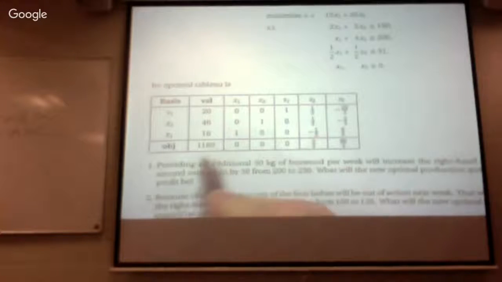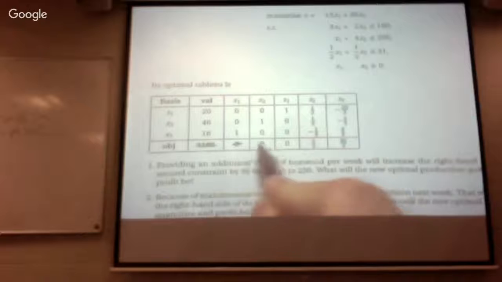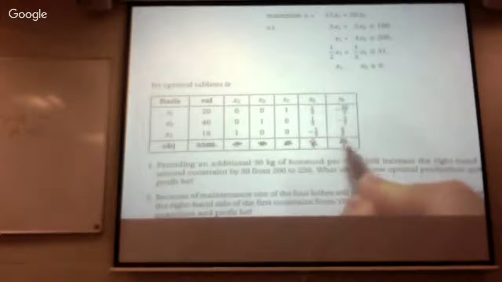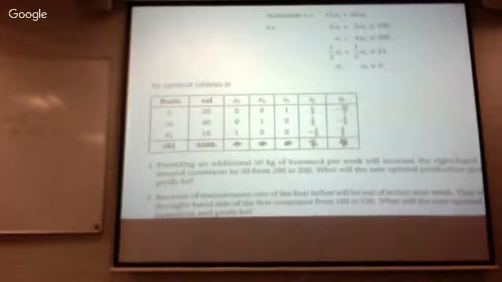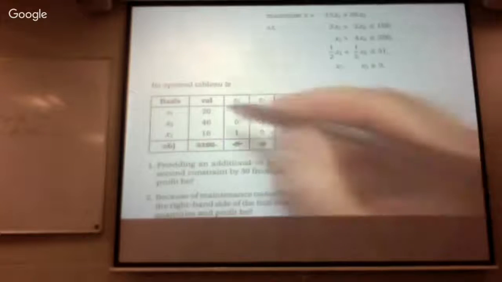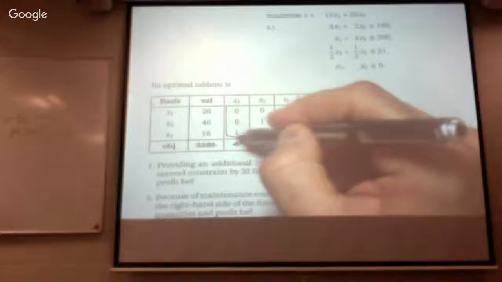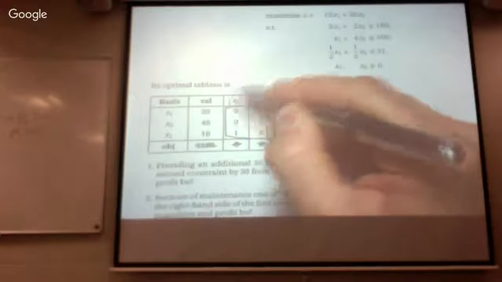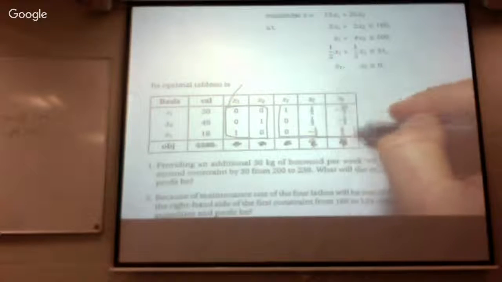Suppose you don't know what is in it. You want to work out what is in the objective row. Well, you know this matrix, you know what these are.